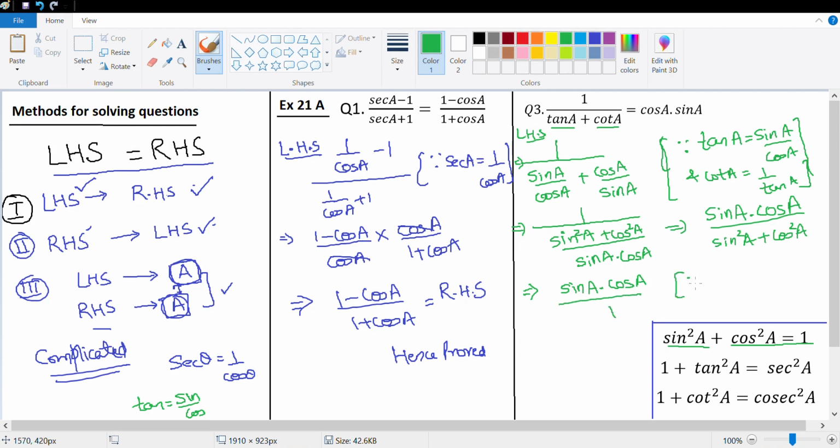The reason being, since sin square A plus cos square A is equal to 1. So this becomes equal to sin A dot cos A, where dot basically means multiplication sign. So this is equal to the right hand side. This is where I needed to reach. So hence proved.